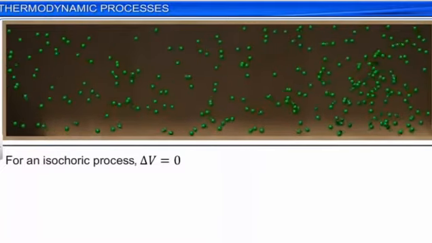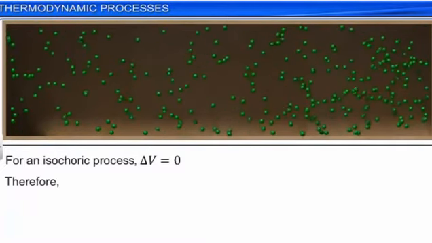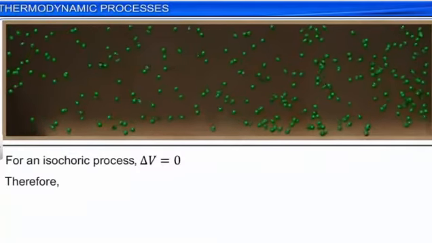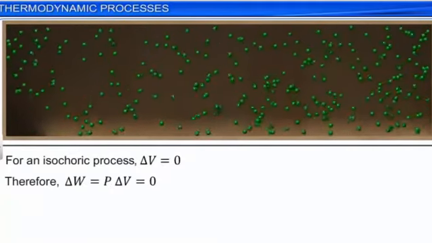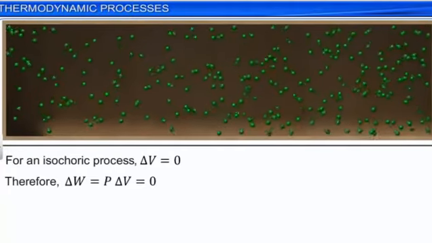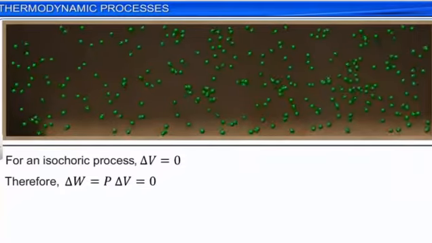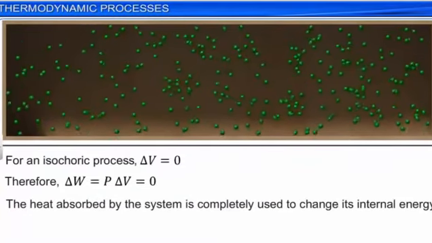Therefore, the work done by the system in an isochoric process, delta W is equal to P delta V, which is equal to 0. The heat absorbed by the system is completely used to change its internal energy.